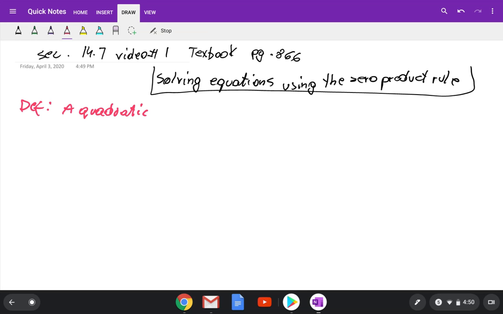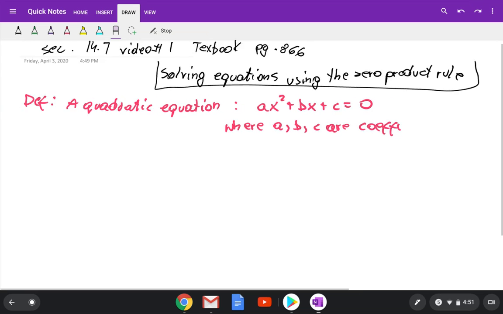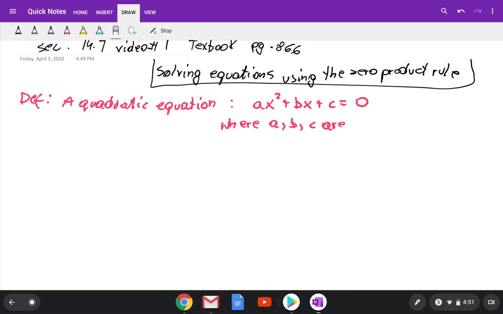So a quadratic equation is an equation which looks like this: ax squared plus bx plus c equals 0, where a, b, c are coefficients, real numbers.